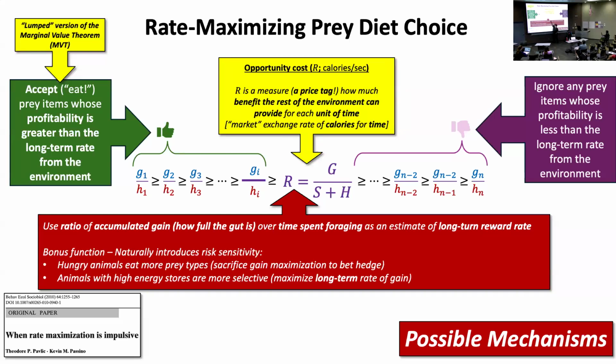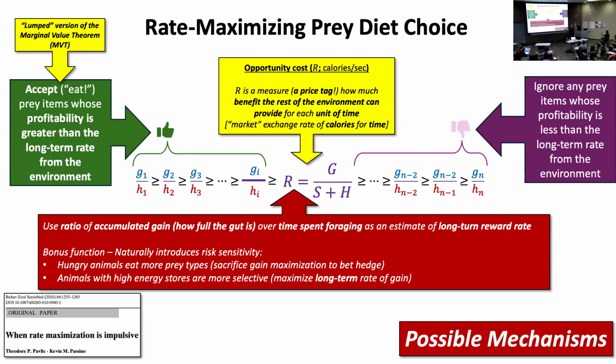A bonus of this mechanism is that if you happen to be a hungry predator, you will eat everything until your gut gets rid of that hunger transient, and then you'll become more selective. So a nice bonus of this mechanism, which isn't modeled in rate maximization, is that it has risk sensitivity built into it.